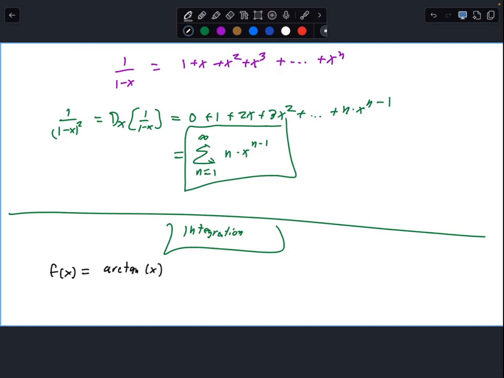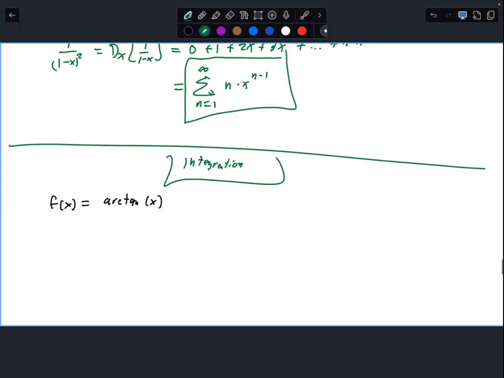We could do the derivative, the second derivative, the third derivative. It gets ugly very fast. But we know that this function, the arctangent of x, is the equivalent of what? The integral of 1 over 1 plus x squared dx.